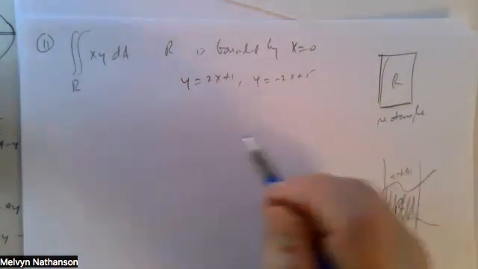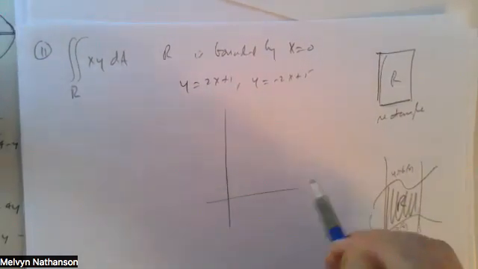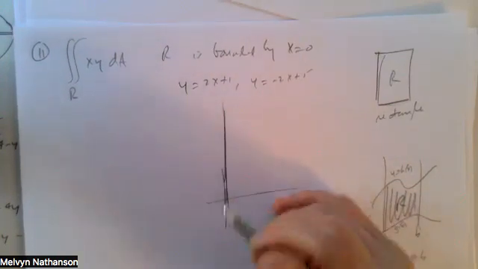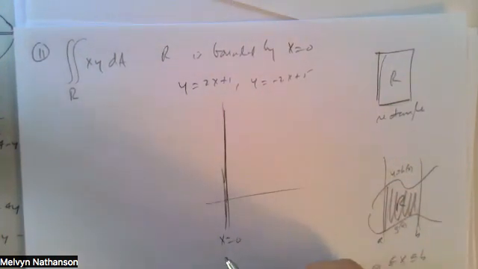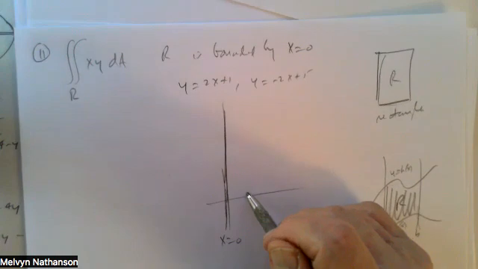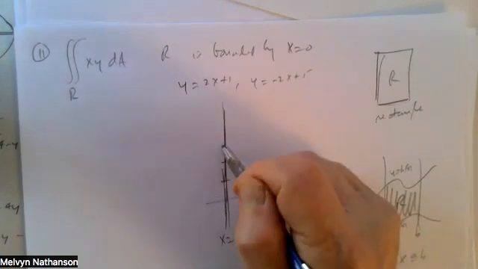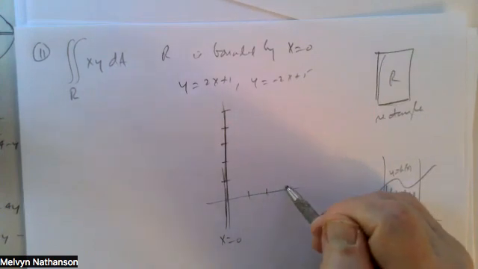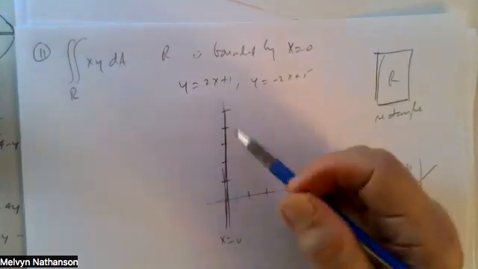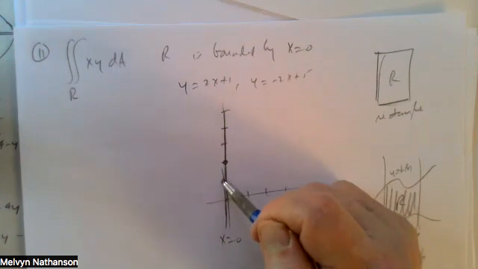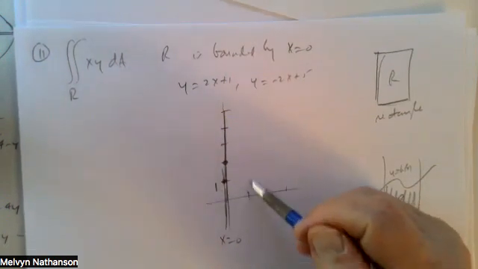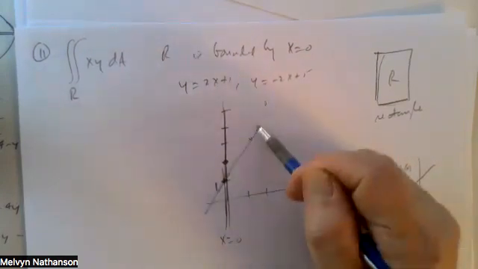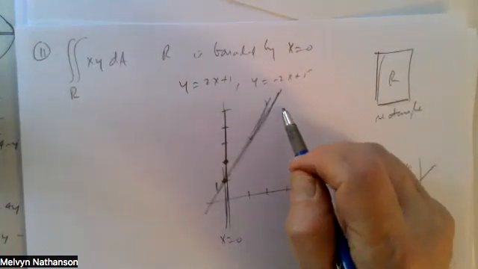So let's see what that region looks like. This is the line x equals 0, just the y-axis. The line y equals 2x plus 1 has y-intercept 1 and goes up with slope 2.